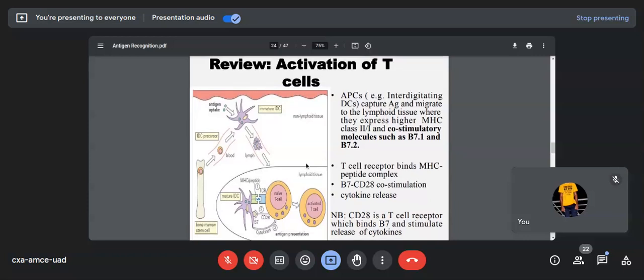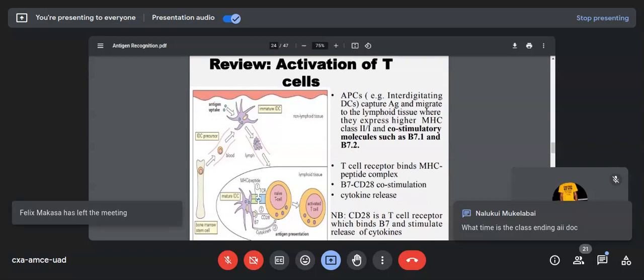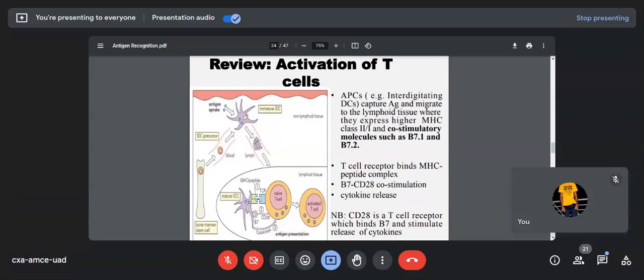Also, a B cell can interact with a T cell. A B cell has molecules on its structure known as B7.1 and B7.2 that react with a molecule on the structure of a T cell. A T cell, apart from having T cell receptors, also has a molecule that we call CD28.